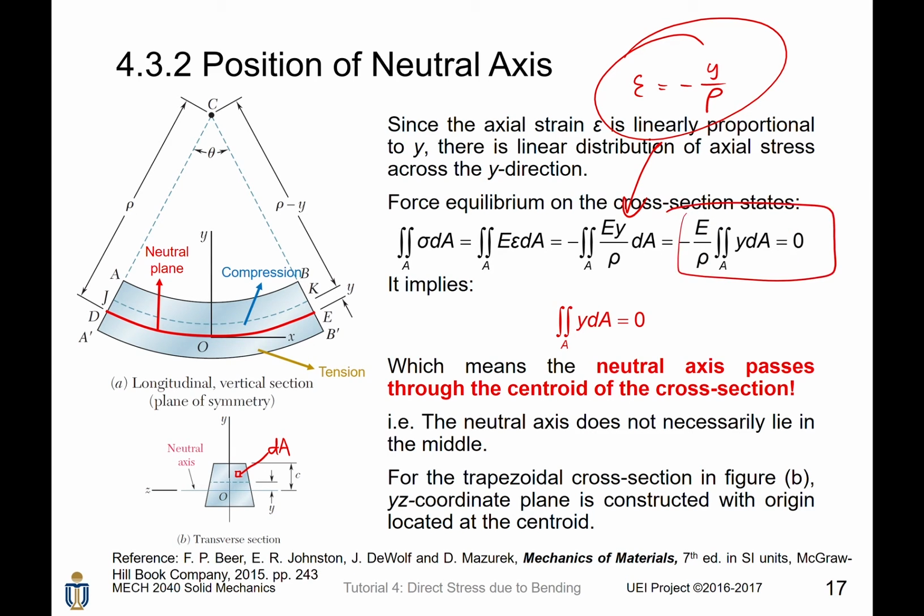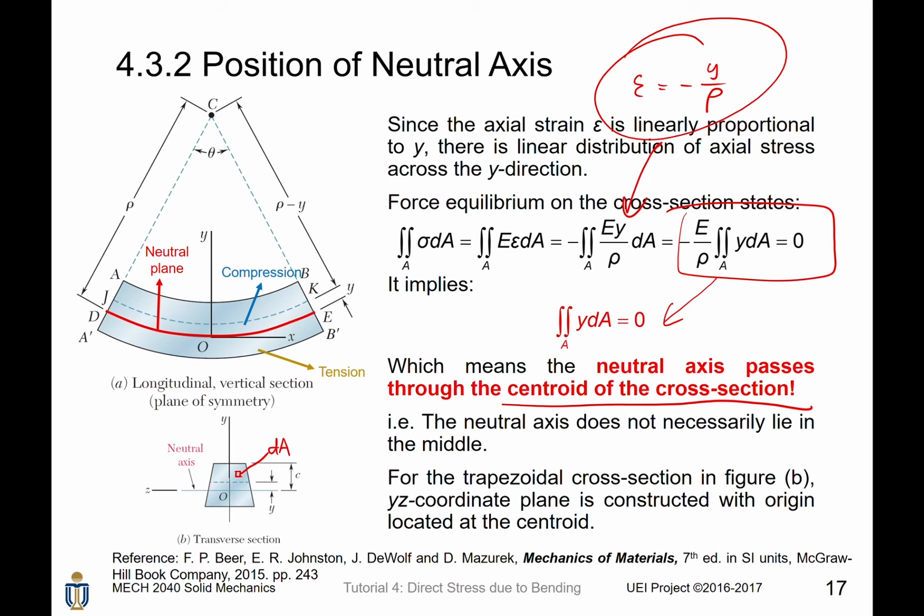From here, we know that the integral of y dA equals 0. You might feel very familiar with this notation because we did it in tutorial 0. It means the first moment of area equals 0, which means the neutral axis passes through the centroid of the cross-section. It is an extremely important result that you should know.